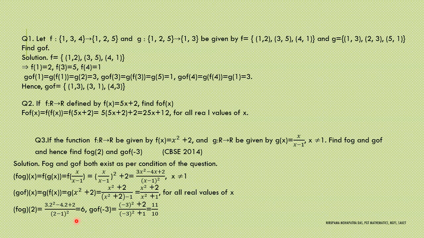So we are getting 6. And g of f minus 3 is again g of fx, that is x square plus 2 by x square plus 1. So we are getting minus 3 square plus 2 divided by square of minus 3 plus 1. So we are getting 11 by 10. I hope these three questions, which are very related to whatever we have studied till now, are clear.